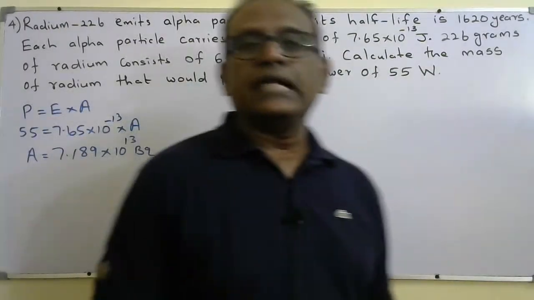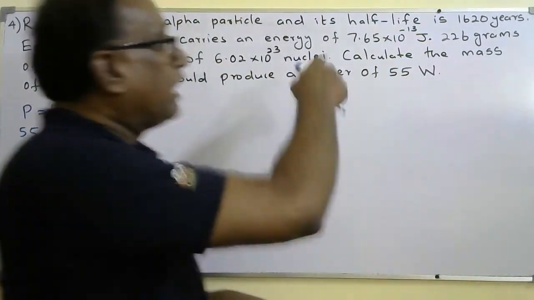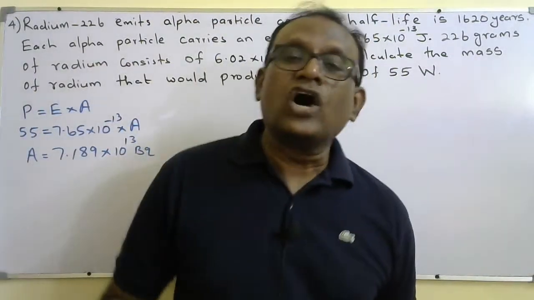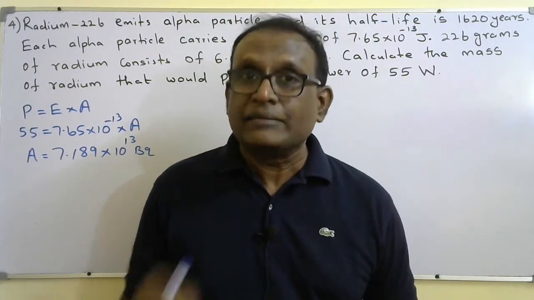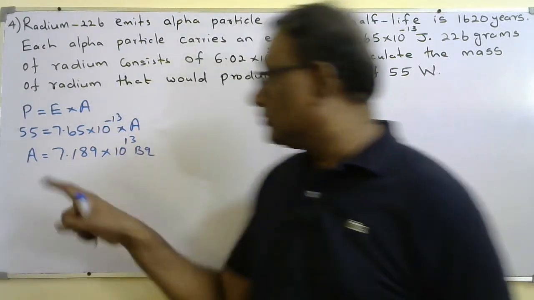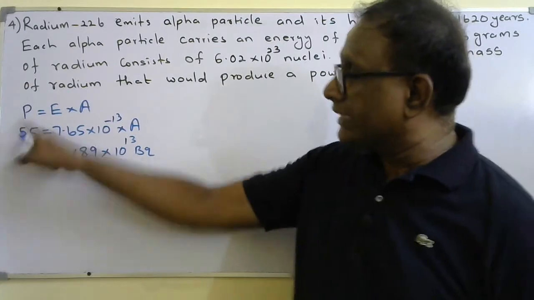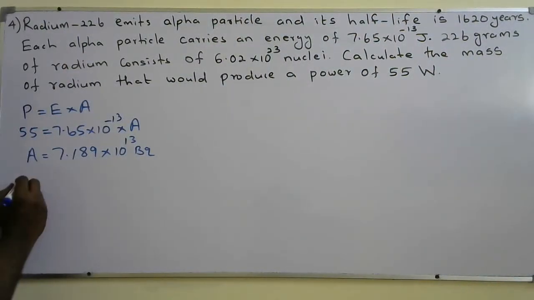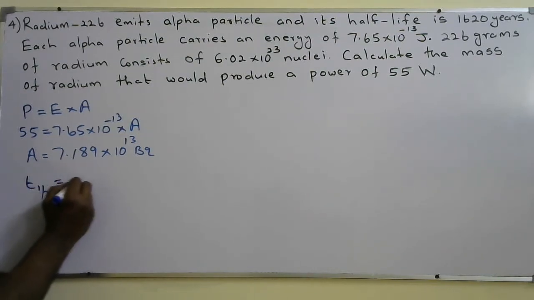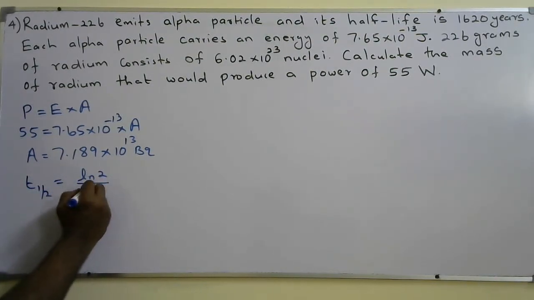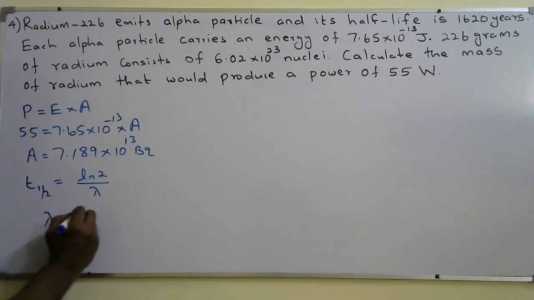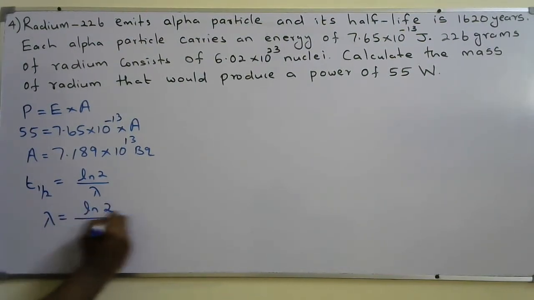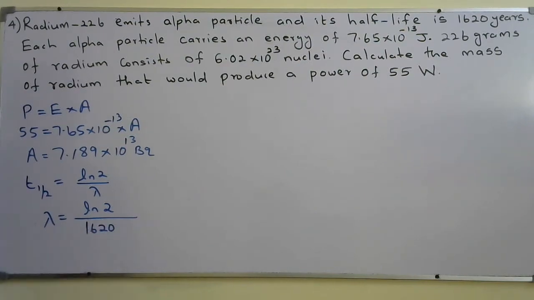The idea is A equals lambda N, and lambda I can find from the half-life. I can find N, how many radioactive radium nuclei should be there to give this much activity, and then I can get the mass. So I'll find the number of nuclei. To find that, we need to find lambda: T half equals ln2 over lambda, so lambda equals ln2 over T half. Half-life is 1620 years.